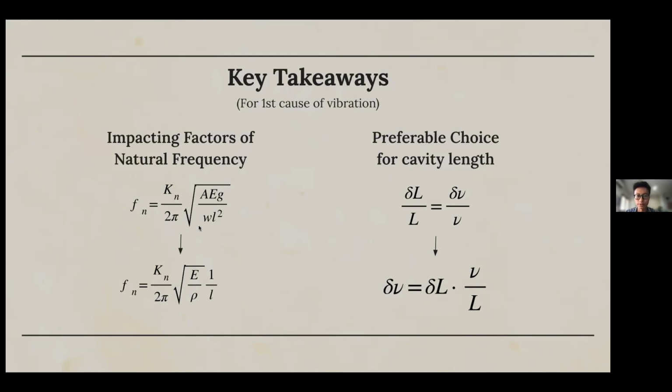This formula can be rewritten by doing some variable adjustments, and we would have this relation here. This shows that both density and length are inversely proportional to the natural frequency. So decreasing density and length can help shift the natural frequency higher.